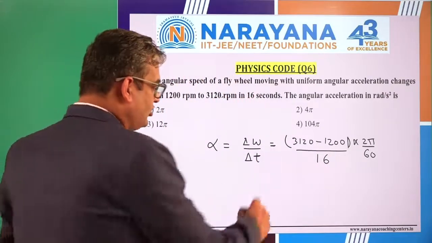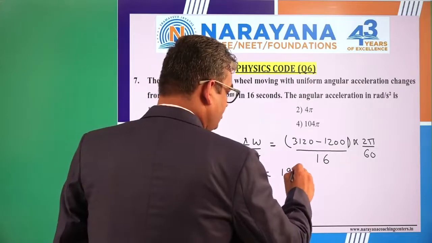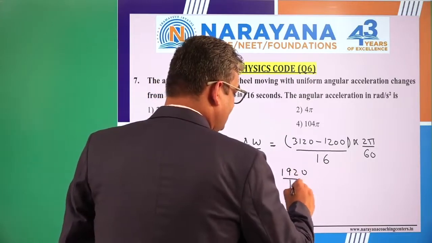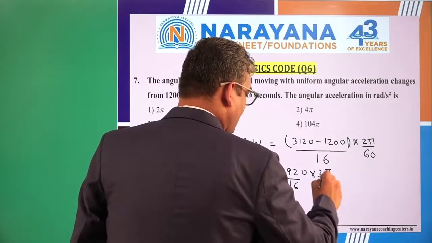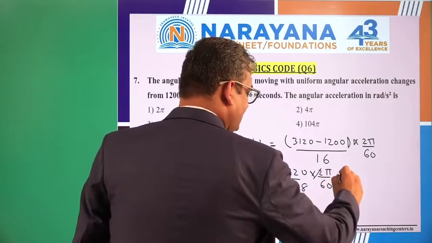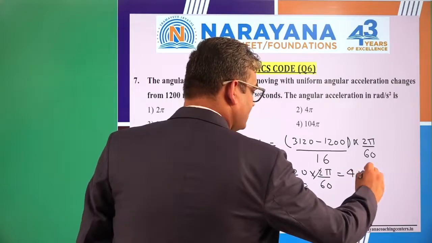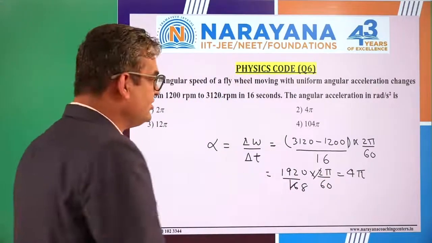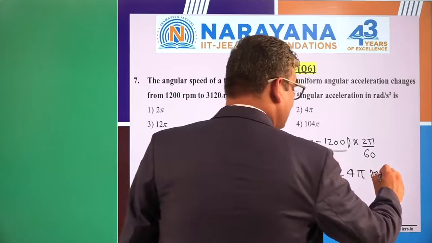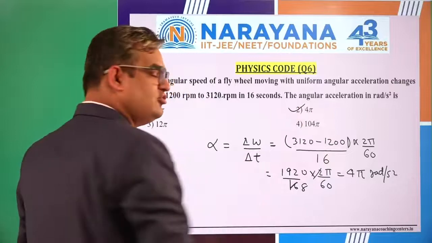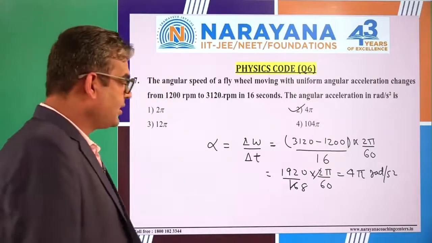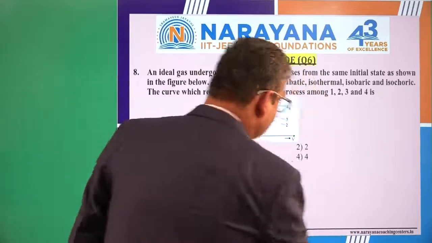So this is going to be 1920 divided by 16 multiplied with 2 pi over 60. So this will give us 4 pi, which should be the answer to this problem in radian per second square. So second option should be the correct option. We should move on to the next question.